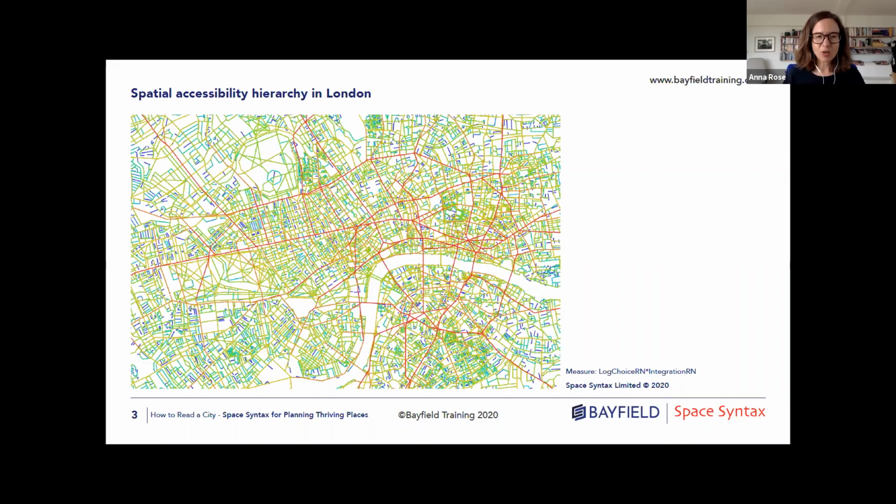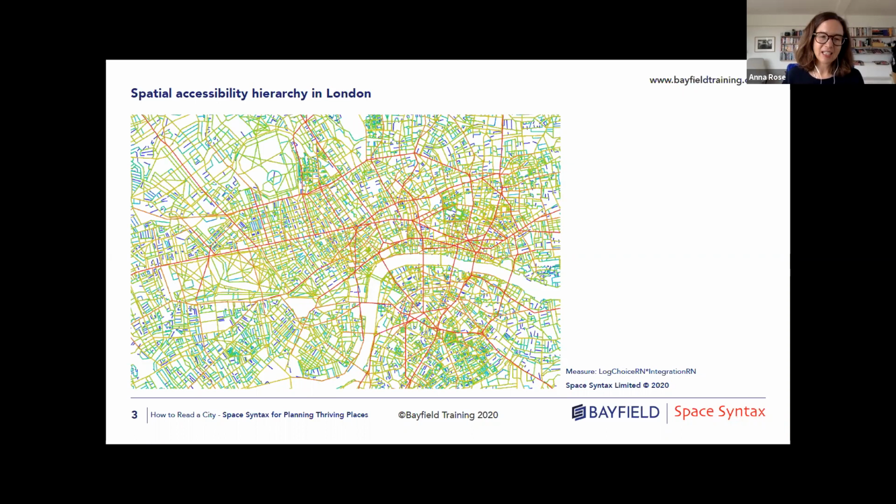And they tend to attract a lot of activity, movement-dependent land uses like retail, and a high number of people using all sorts of different transport modes. And where these red lines interconnect, they tend to be locations of importance for transport interchanges and even higher levels of density and activity. So this is what we call the foreground network of a city.